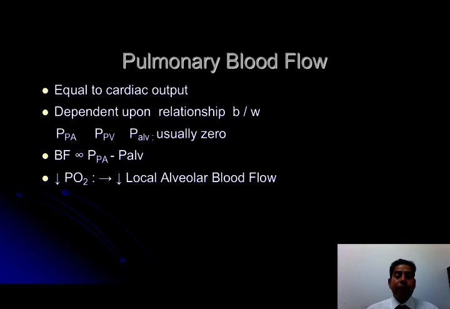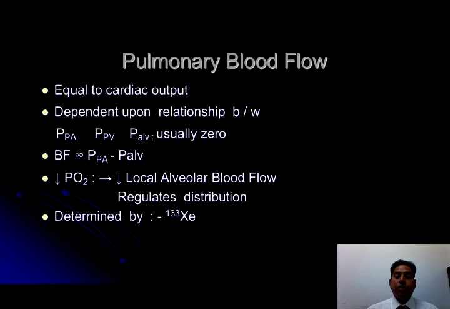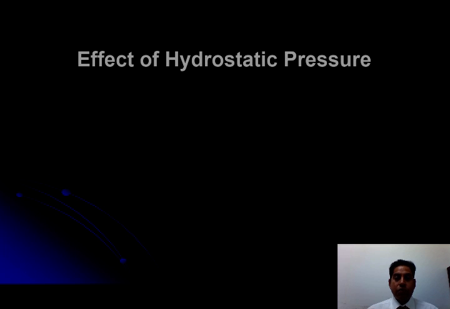So anywhere where there is a fall in the concentration of oxygen, this will lead to a decrease in the local alveolar blood flow. So hence oxygen also regulates the distribution, and the pulmonary blood flow is determined by radioactive xenon. Or you can also use albumin labeled with radioactive iodine I-131.